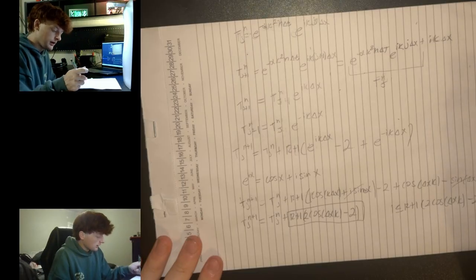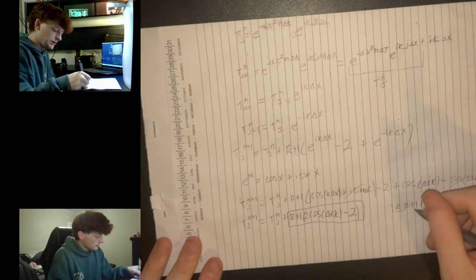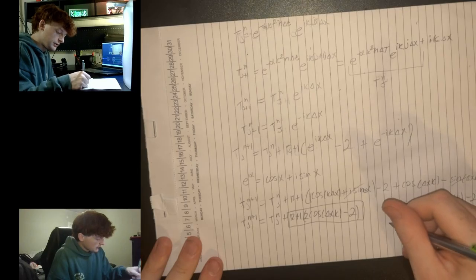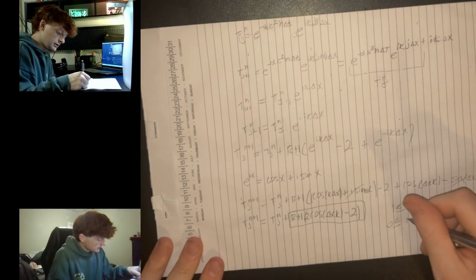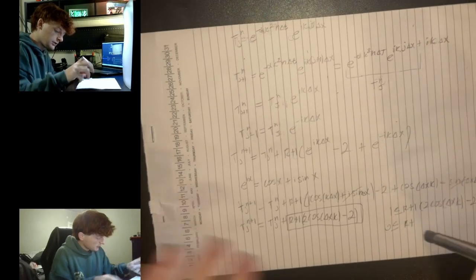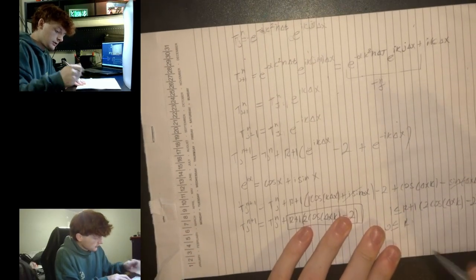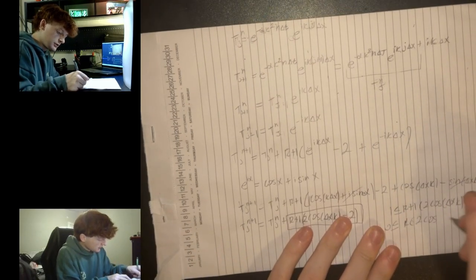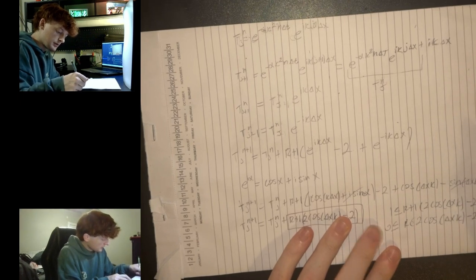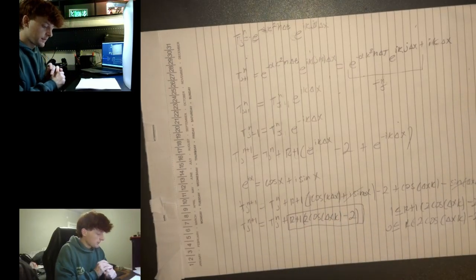So the first thing that we can do is go ahead and subtract everything by our minus 1 right here. So we have 0, r, 2 cosine kΔx minus 2, and it's going to be negative 2.